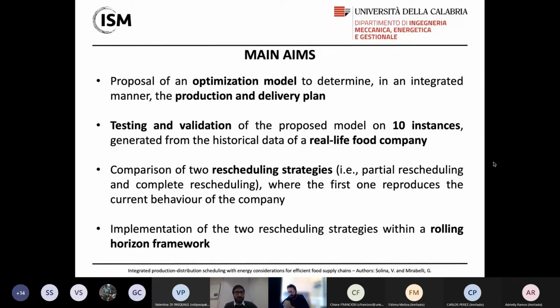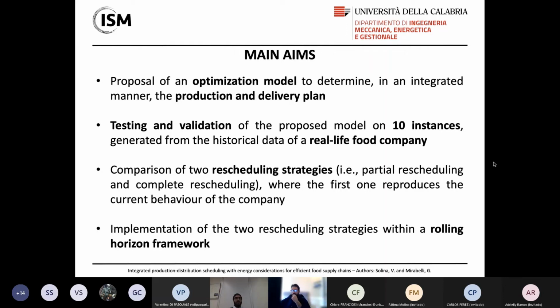We would like to propose an optimization model to determine in an integrated manner the production and the shipping or delivery or distribution plan for a real-life food company. We propose first an optimization model to do this, and then we test and validate it through 10 instances generated from the historical data of a real-life food company which produces vegetables.